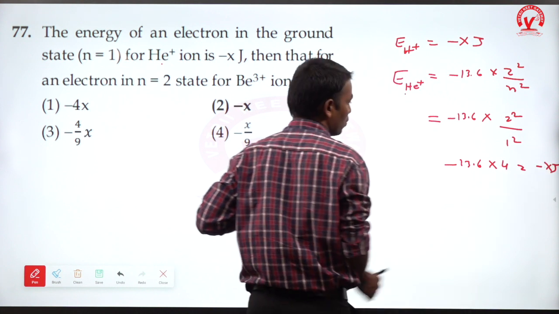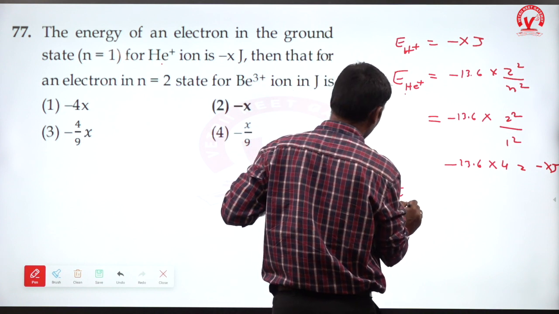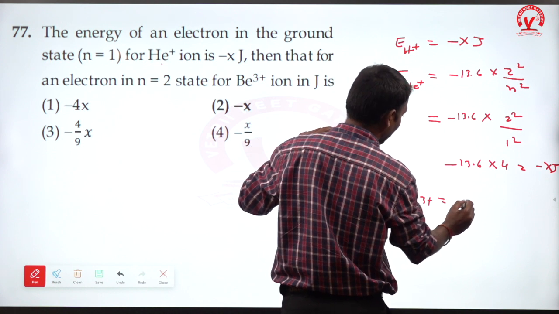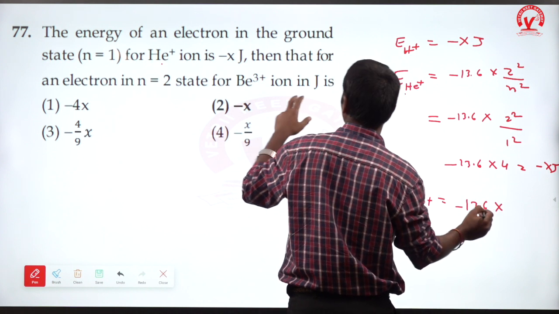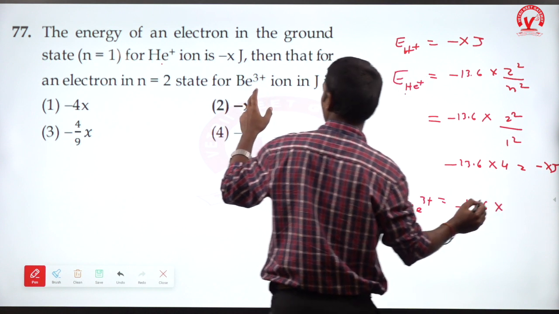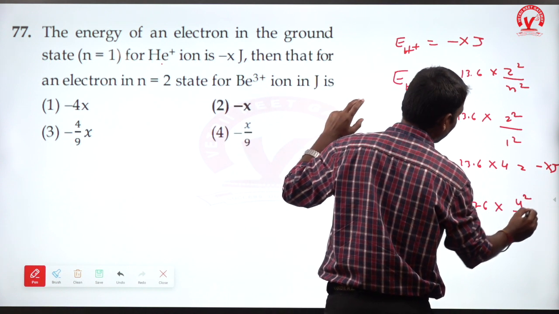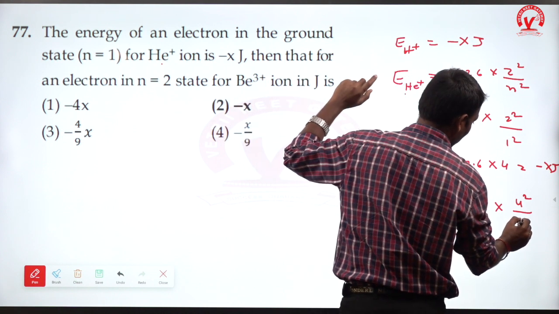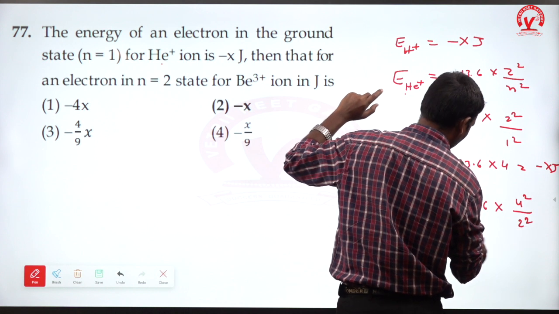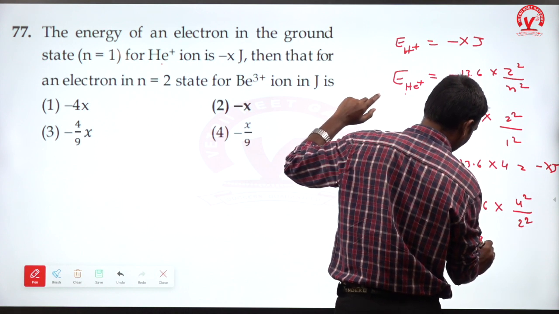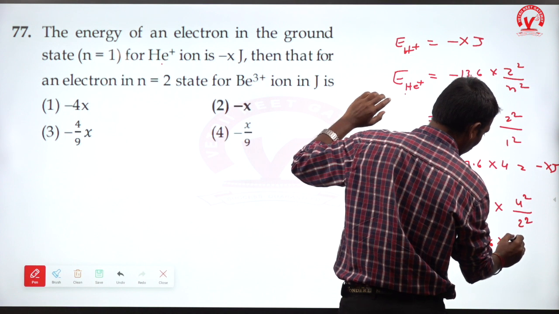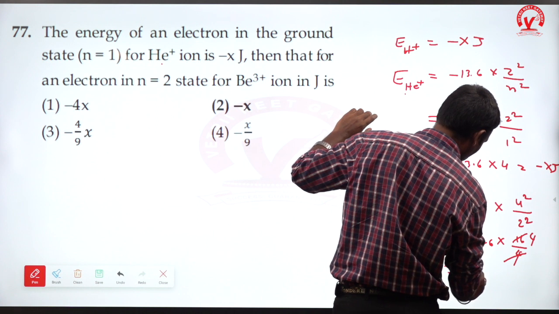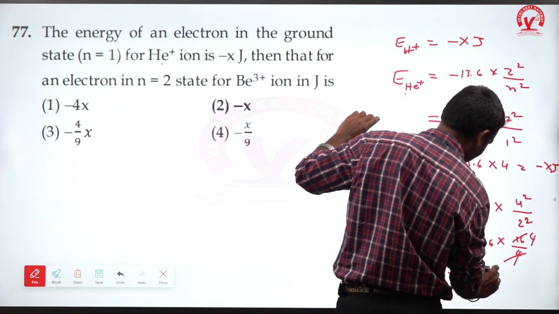If you take the energy of B3+, from here minus 13.6 into the Z value 4 square, divided by the n value 2 square. So minus 13.6 into 16 by 4, which is 4, so minus 13.6 into 4.